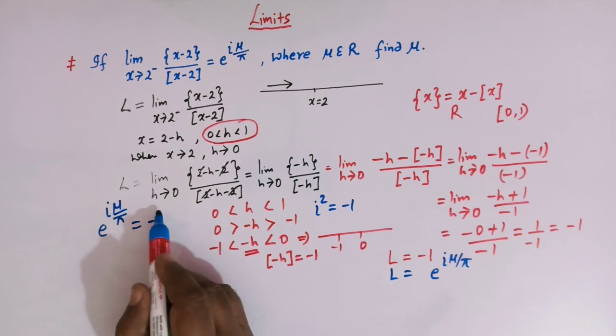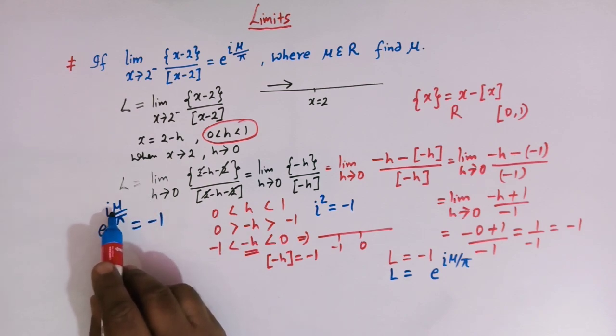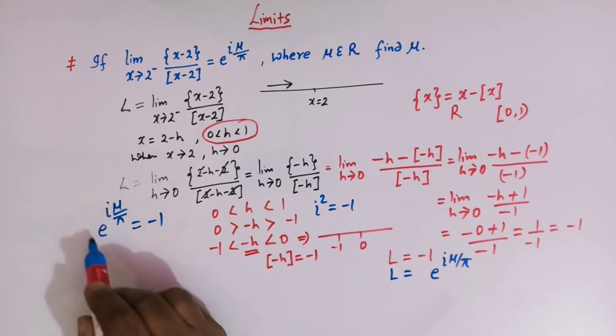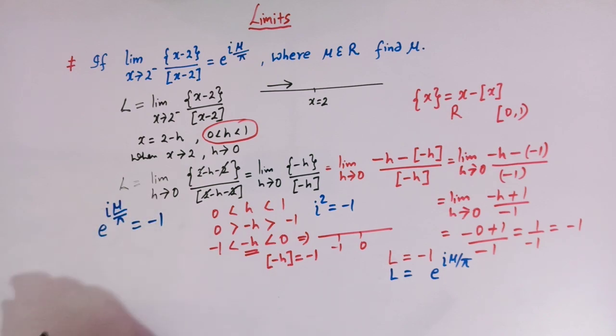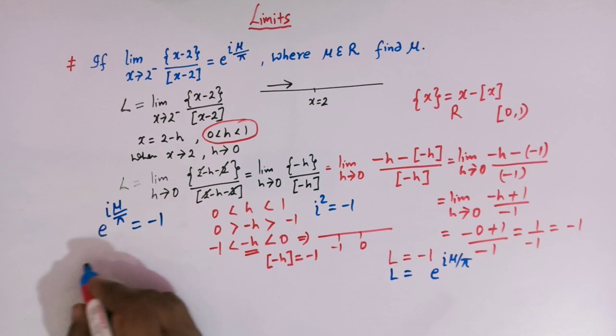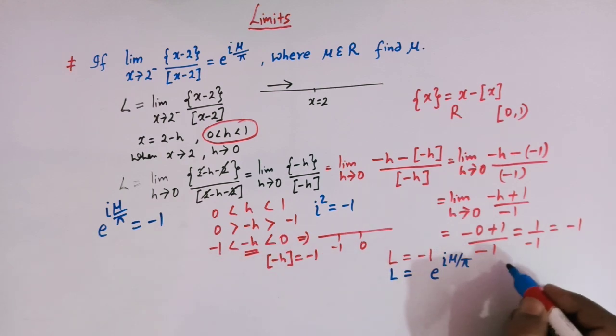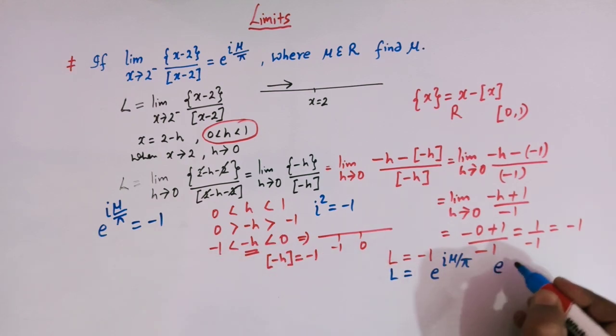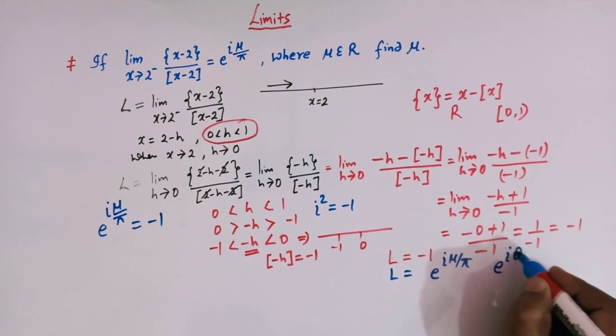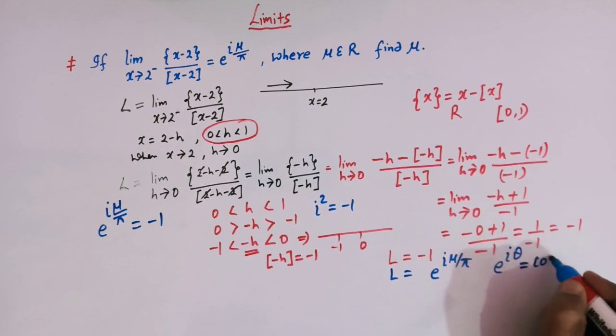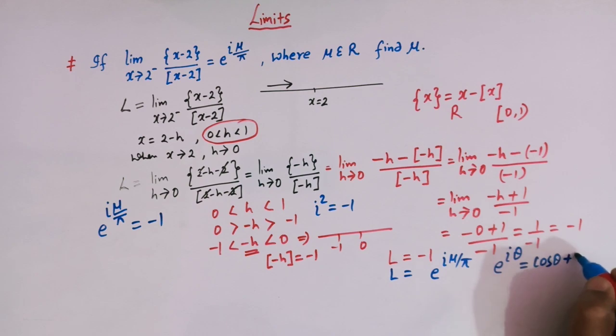Okay, now here in order to find out the value of mu, we'll make use of the famous Euler's formula, right? And Euler's formula goes like this, that is e raised to iota theta is equal to cos theta plus i sine theta, right?